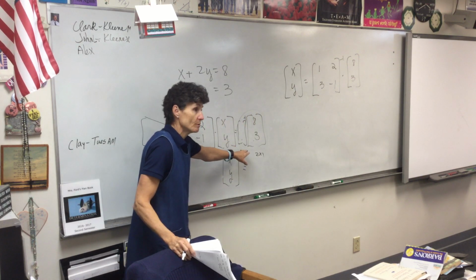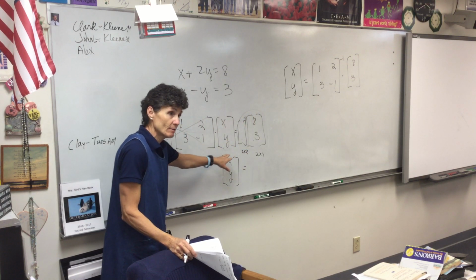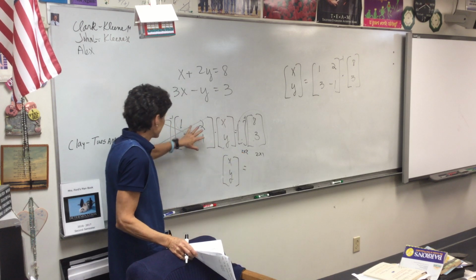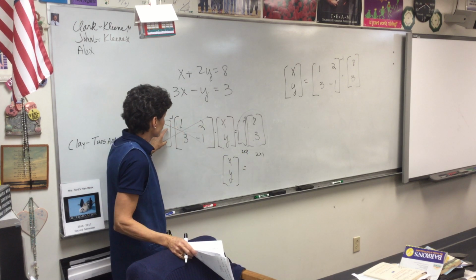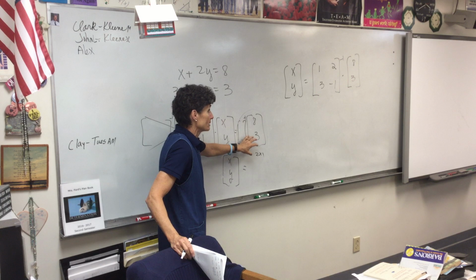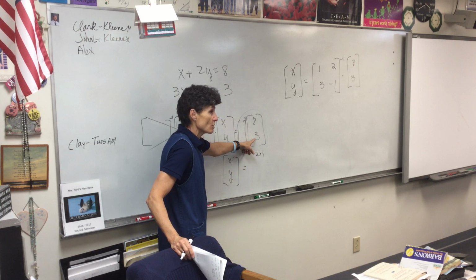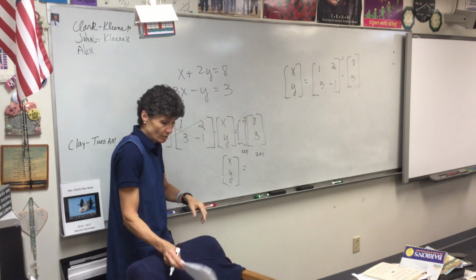Does that make sense to you in terms of what I outlined down here? You need to cancel those coefficients out. So you're going to multiply by the inverse. So the inverse times those numbers is going to be my answer.